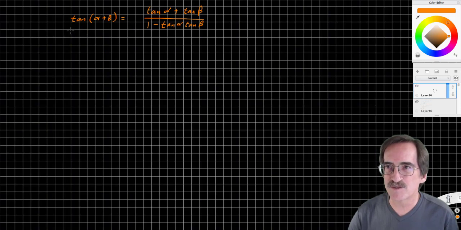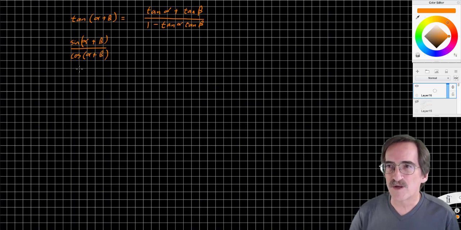First thing I want to do is recognize that the ratio identity for tangent is sine over cosine. So this is sine of alpha plus beta over cosine of alpha plus beta.